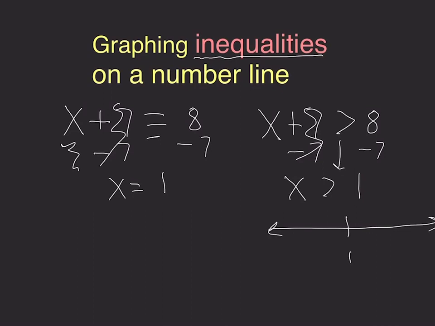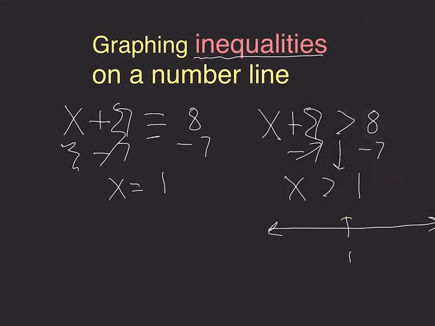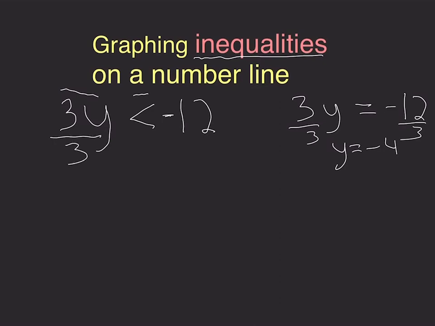And then again, we'll graph this. We'll put a 1 here, and because it says greater than, we're not going to fill in this number right there, but any number greater than that. Remember when we had an equation such as 3y equals negative 12, we would divide both sides by 3 to get y equals negative 4. In this situation, when we have 3y is less than negative 12, I'm still going to divide both sides by 3.